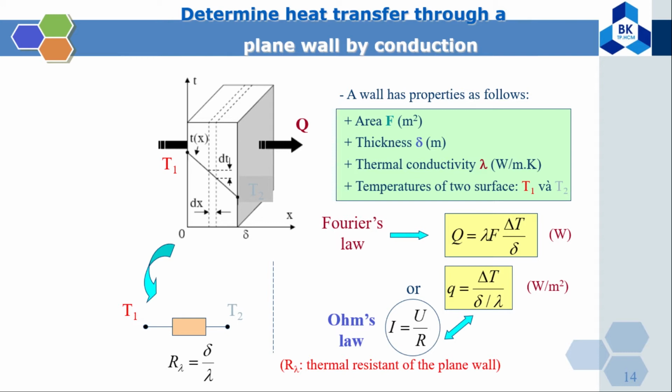It's equivalent to the electrical resistance R of the material. So if we apply Ohm's law to conduction through the plate, we can use a similar method to apply it to Fourier's law.